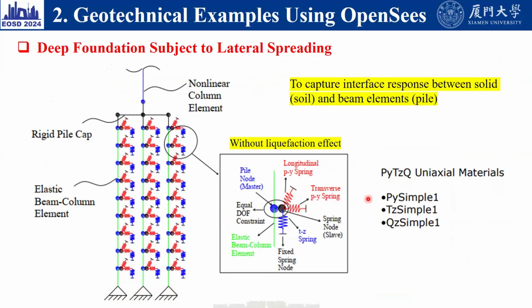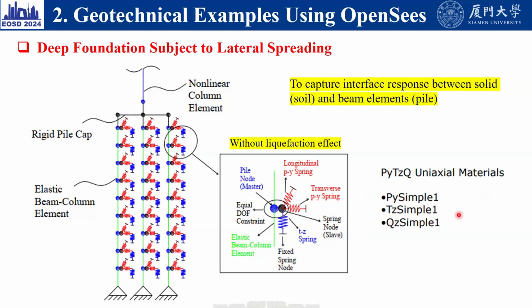You can put a TZ spring in the vertical direction to account for the interaction like settlement or drag force. You can put a QZ spring at the base to model the end bearing, right? There are several uniaxial materials available in OpenSees, which are PySimple, TzSimple, and QzSimple.